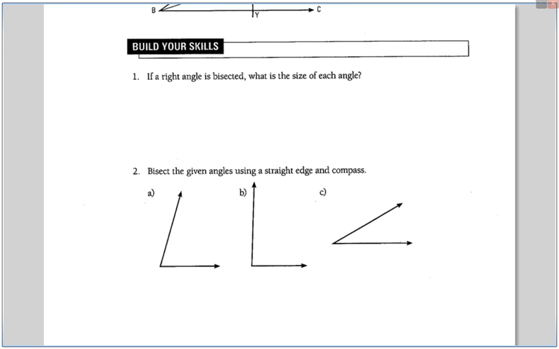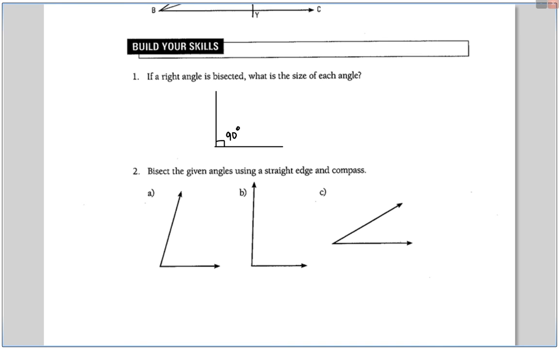So it starts off with builder skills number 1. If a right angle is bisected, what is the size of each angle? So I'm just going to sketch in a right angle. It doesn't have to be perfect, your sketches, but should be similar. So you know that a right angle is 90 degrees.